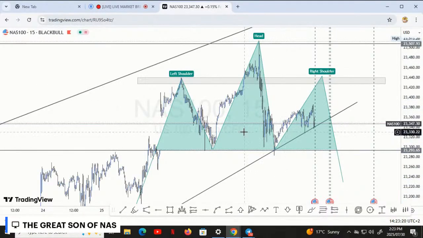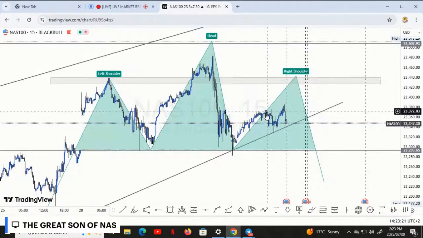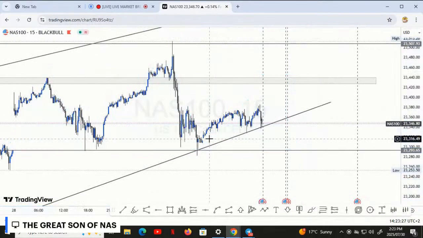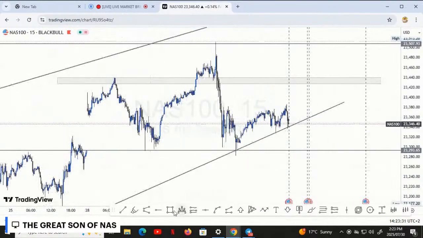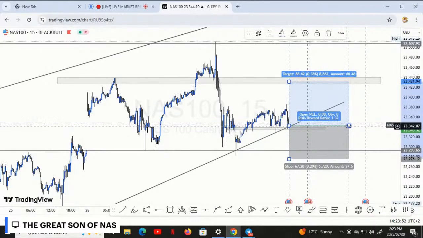So yeah, guys, head and shoulders on NASDAQ. What I'm gonna be doing here is just look at this point. But currently, if you look at the current market price, the market is sitting on a stronger level of support, knowing that once it comes back to this point, it's going to fail to pass this point. So if you wanna cash in on NASDAQ, just make sure you check your buying opportunities to the top.